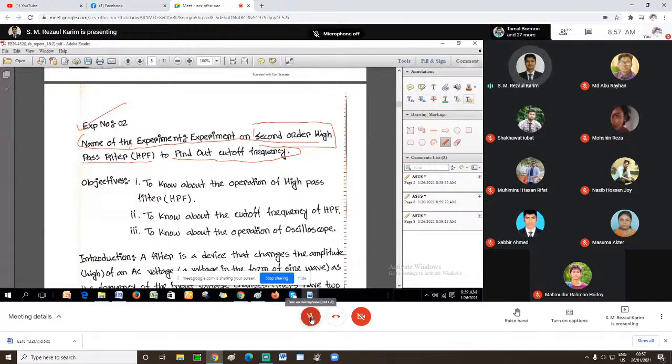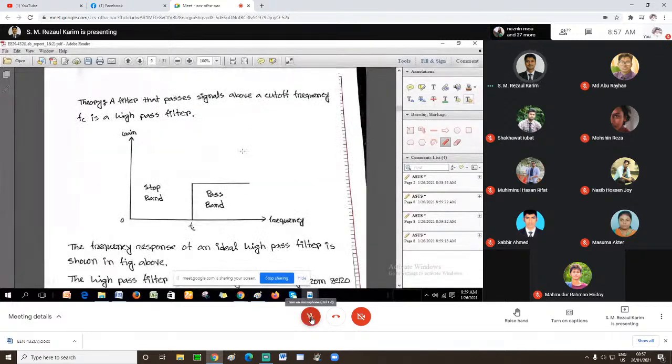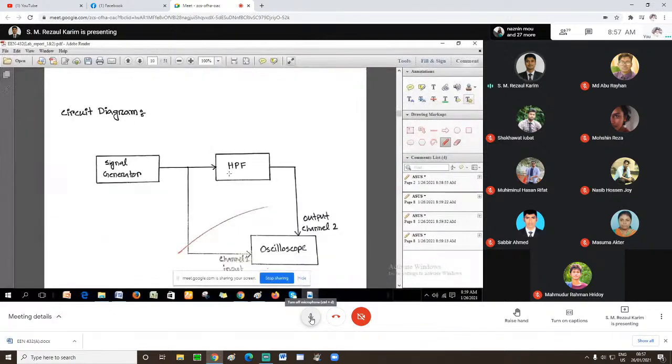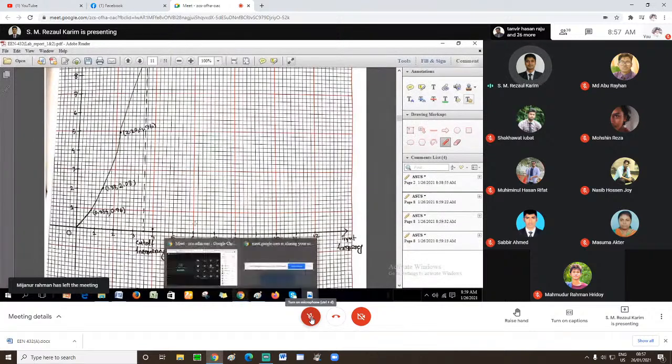So the format of these two experiments is the same, but the filter we are using is different. One is high pass, another one is low pass, and all other things remain the same. You understand?